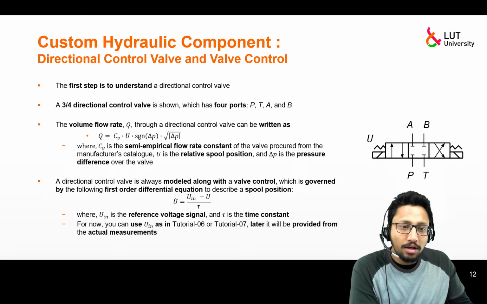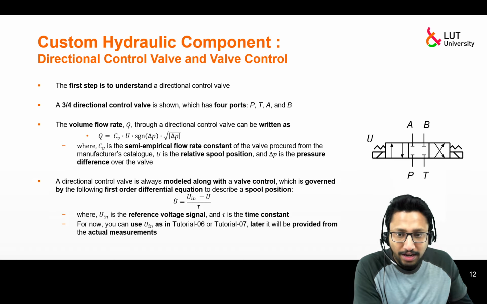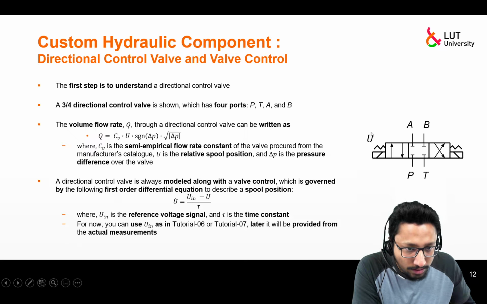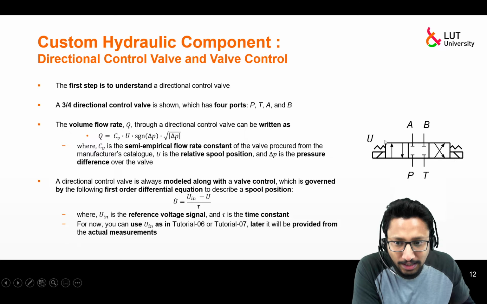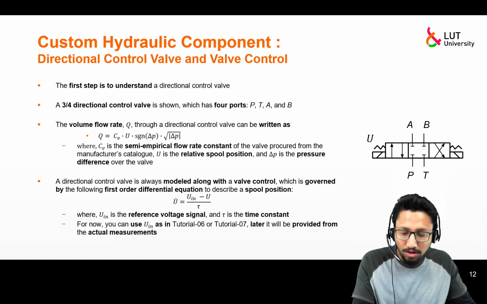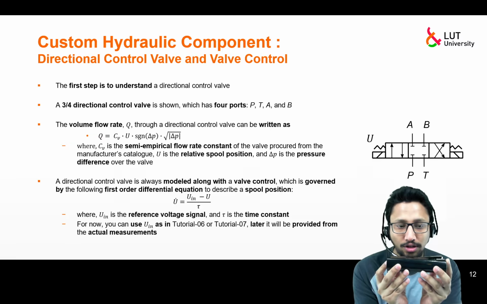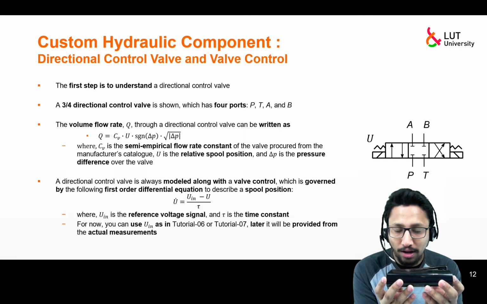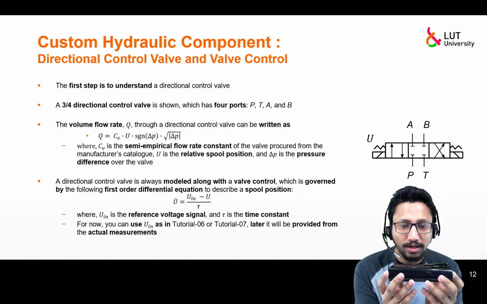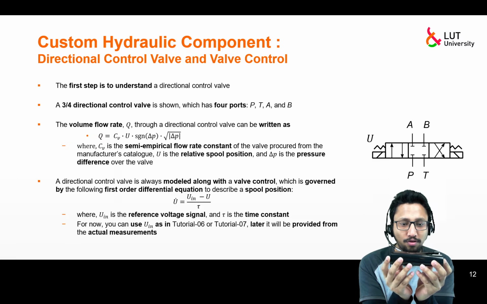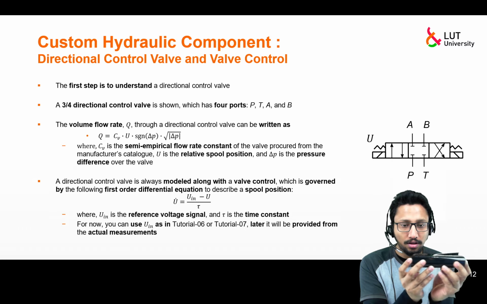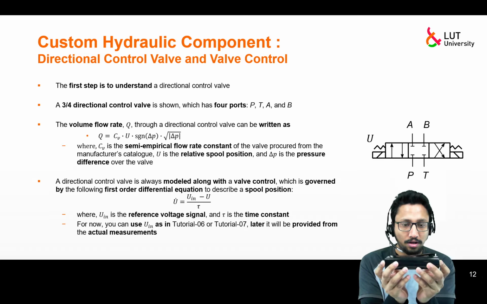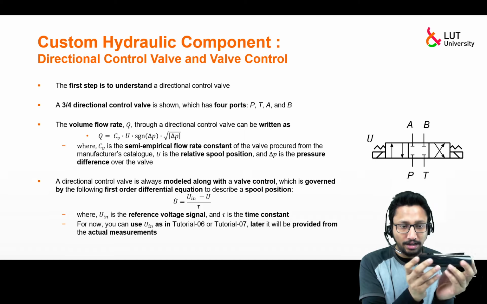Okay, and be very careful to understand that this U basically serves as a reference spool position. So for example, if this is your directional control valve, what this U does is just the movement of this valve like this in either direction.